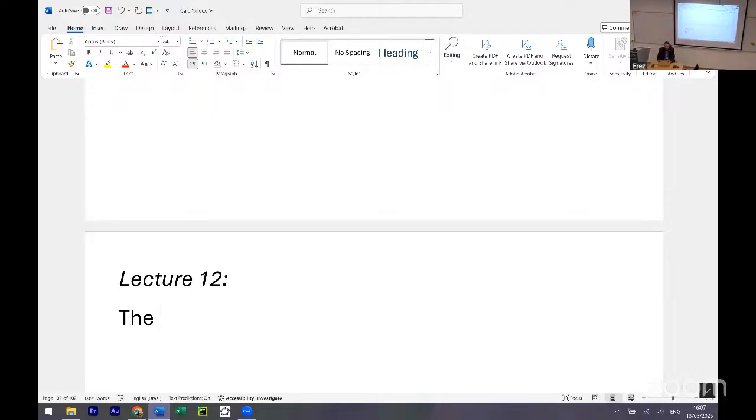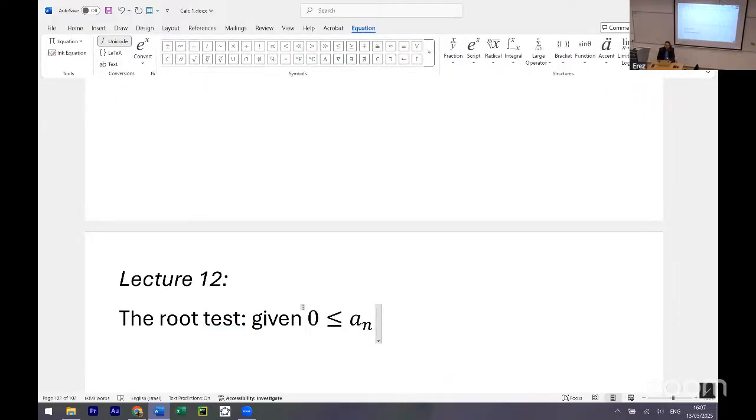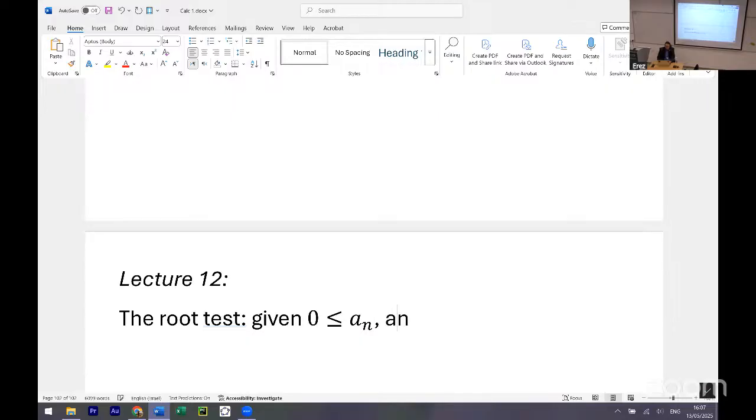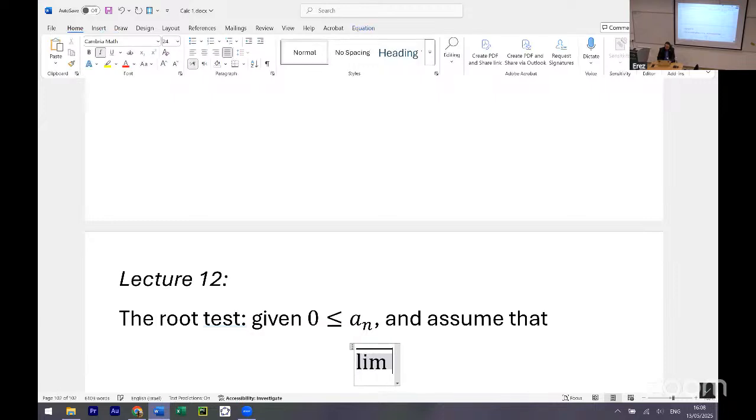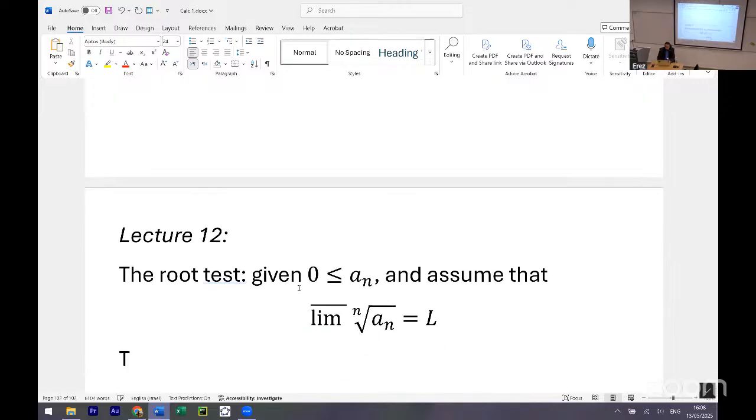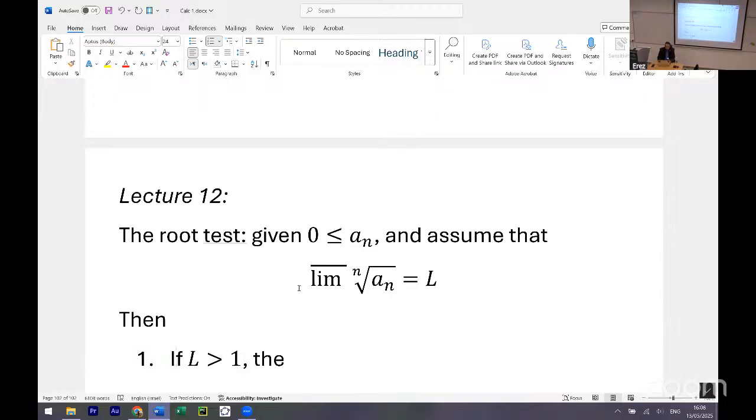So the root test: given a sequence a_n of non-negative numbers, assume that the lim sup of the n-th root of a_n, not the square root, is called L. Then, I'll do it in sections, bullets.